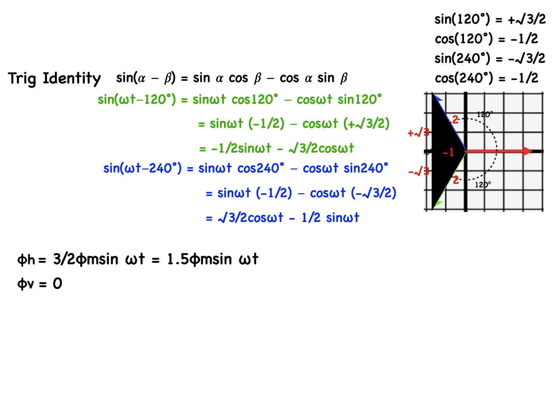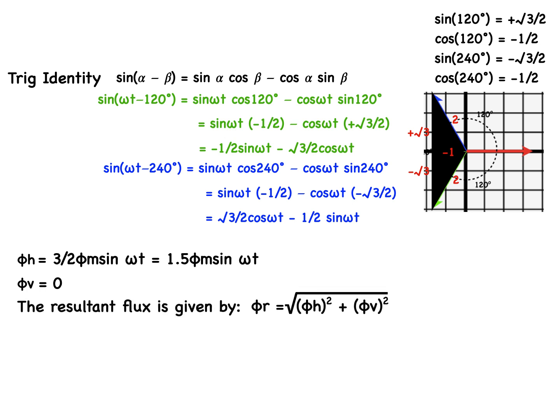So we have calculated the horizontal and vertical components for the resultant flux. The resultant flux magnitude is given by phi r is equal to the square root of the horizontal component squared plus the vertical component squared, which is equal to the square root of 1.5 phi m sine omega t all squared plus 0 squared.